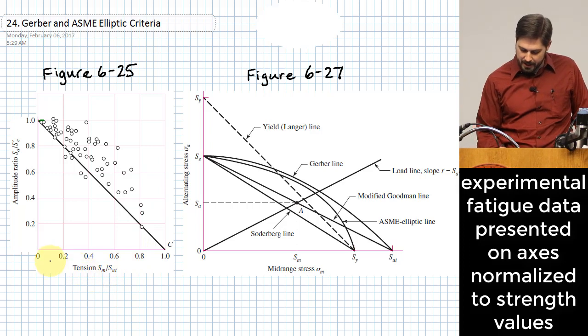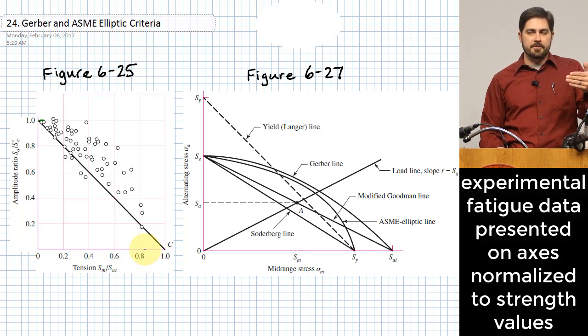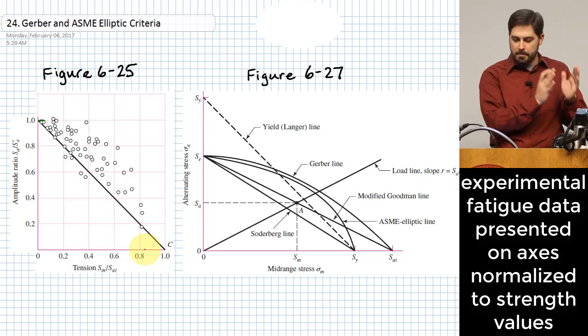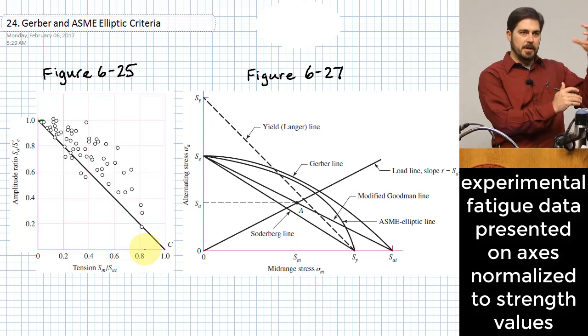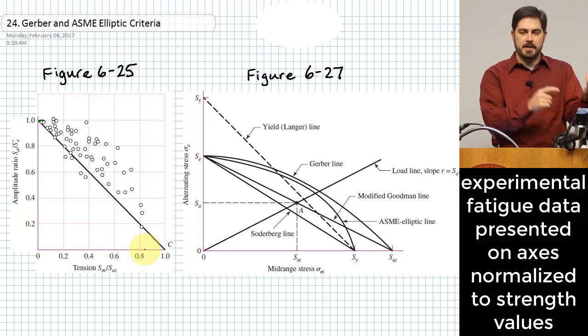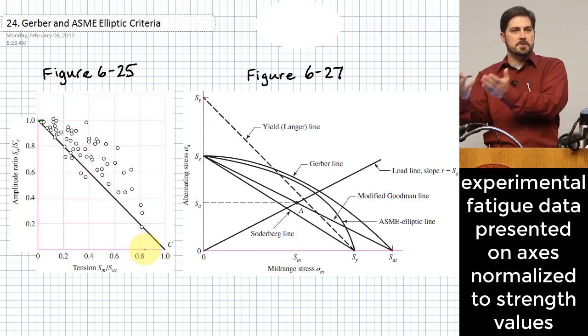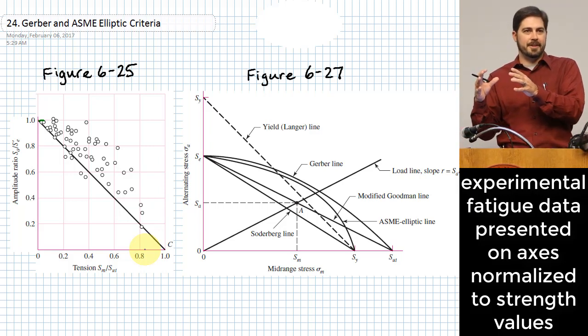So down here you have mid-range stress. We talked about mid-range stress last time. The value of stress that occurs in a part that you should compare against an ultimate strength, that would be like the mid-range strength. You compare the mid-range stress to the ultimate strength, and that gives you an idea of how close you are to the static portion of possibly failing your part.